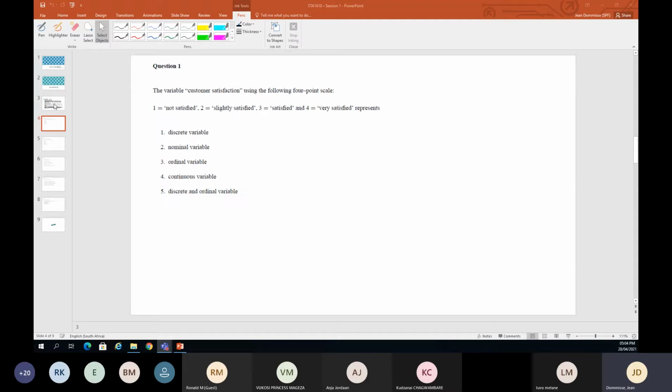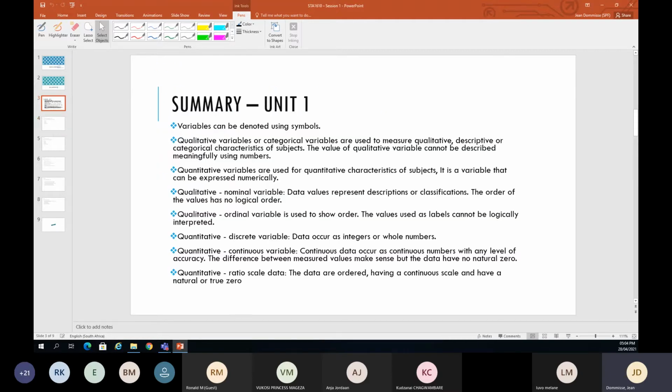So, study unit 1. I have put in a summary for you, the extra summary that I've shared on the WhatsApp group, which is a nice one that you can keep with you.